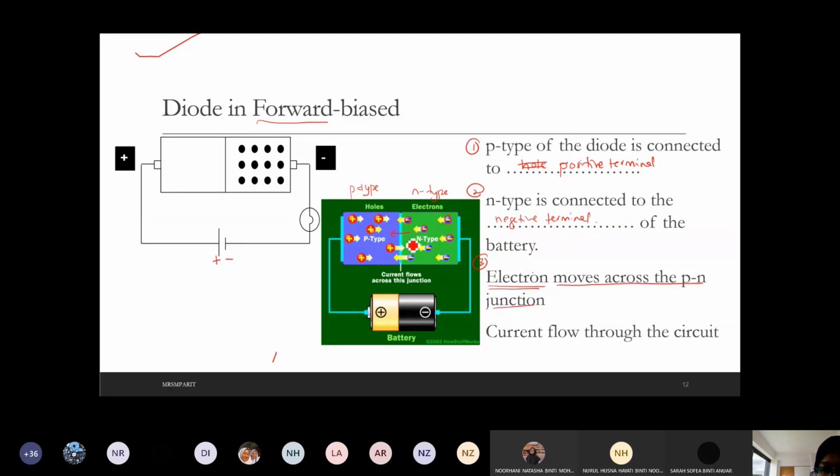Dia akan lalu junction to the P type. Therefore, current flow. Okay, ada bulb kat sini. So bulb will light up.